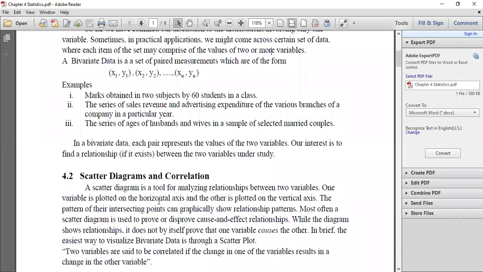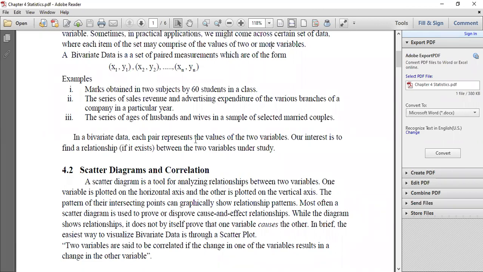Now, there are two ways to this. One is using the scatter diagram, and the other one is using correlation. Scatter diagrams is where you use graphs. When you talk of correlation, now you bring in the mathematics bit of it.